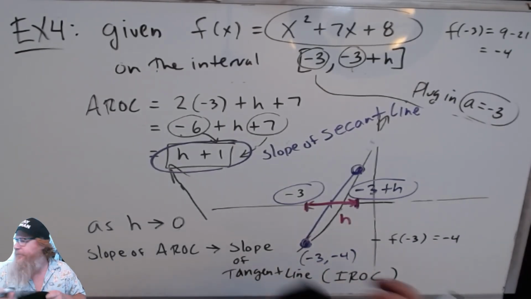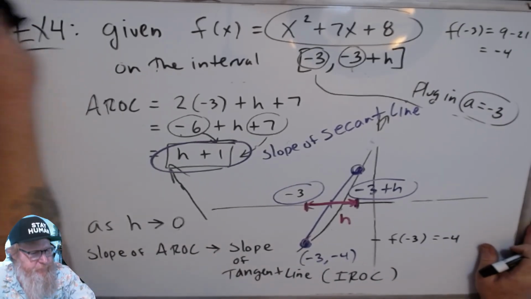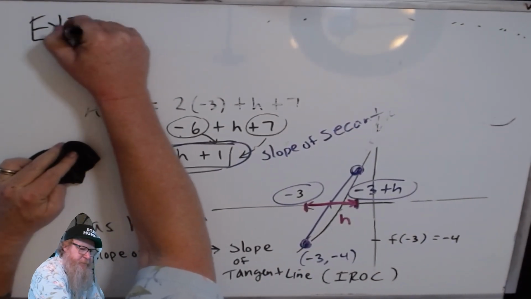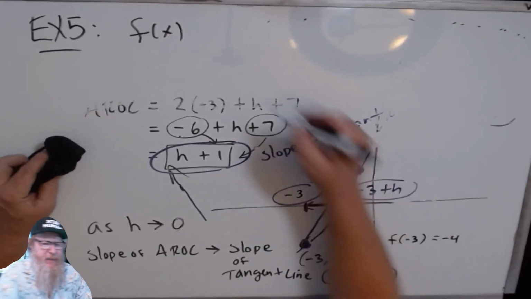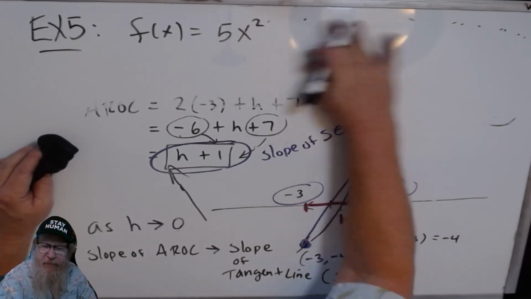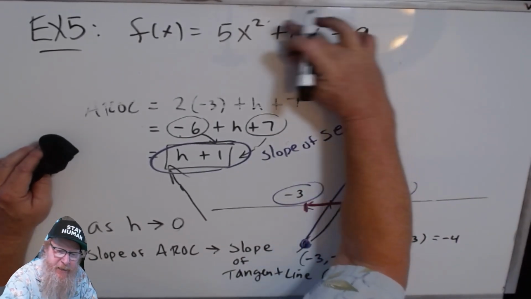All right, I guess we should just do another example. Let's use some different numbers. Let's say f of x is 5x squared plus 6x minus 9.